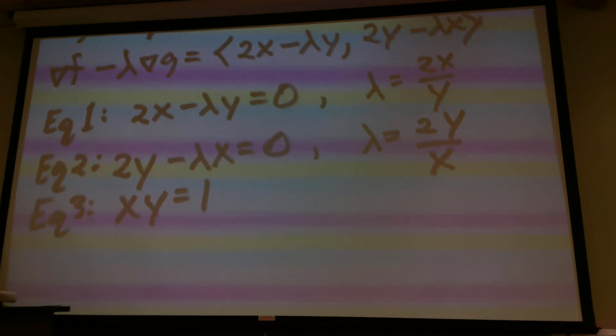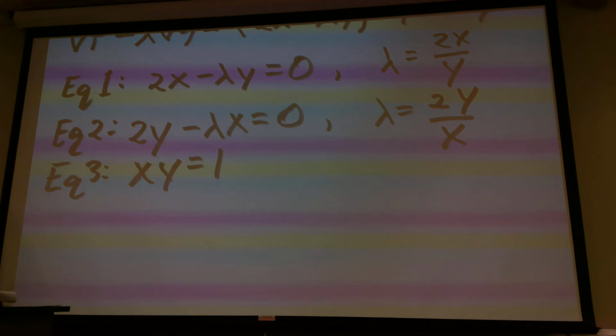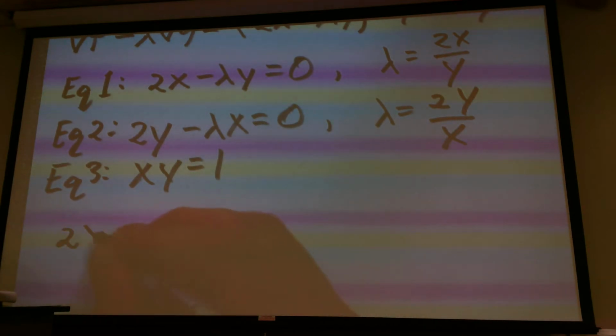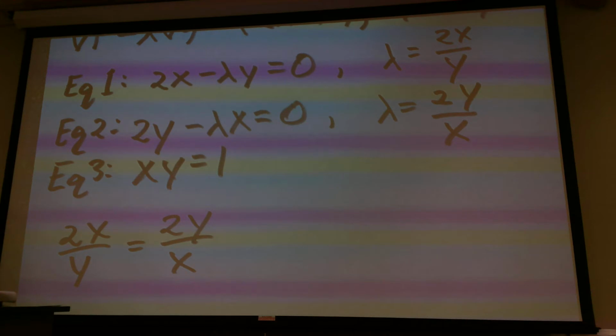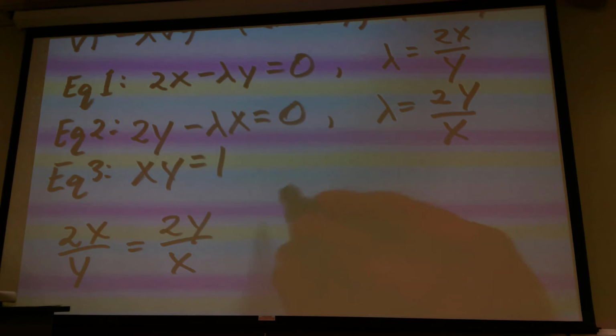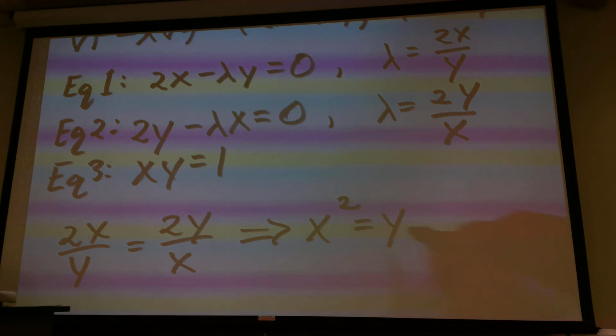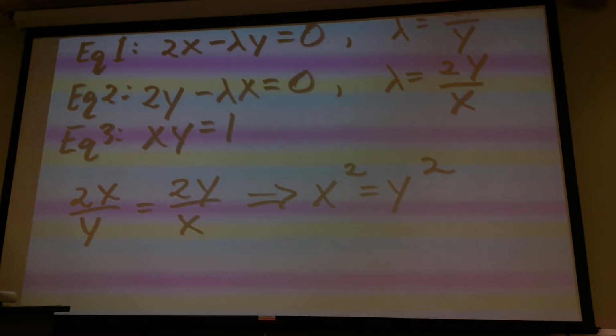So 2x divided by y equals 2y divided by x. I can divide both sides by 2 to get rid of the 2's, multiply both sides by x, and move the y over to the other side. What does this lead me to? x squared equals y squared.